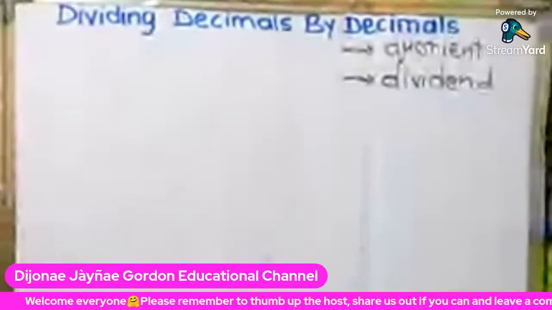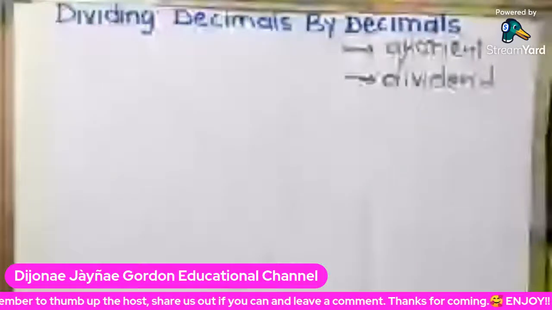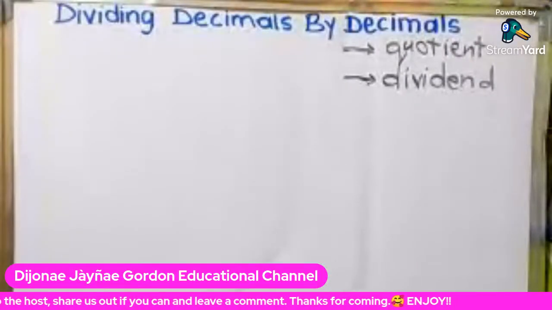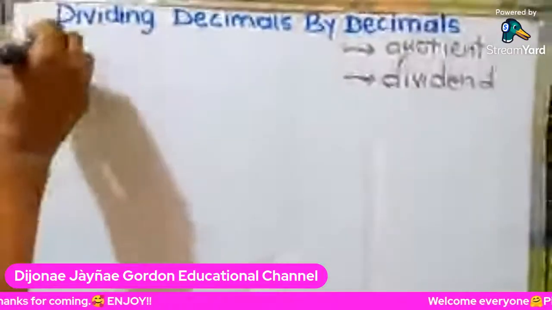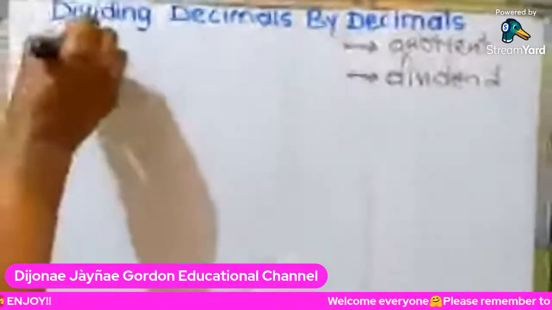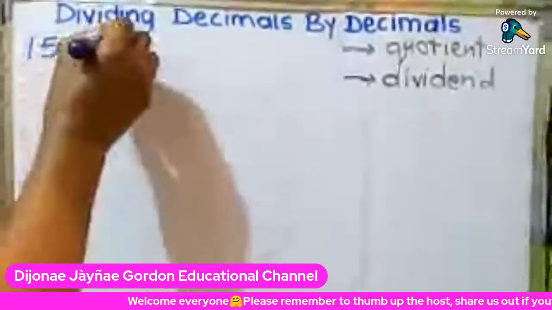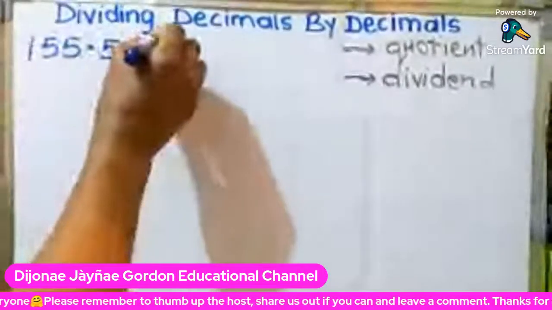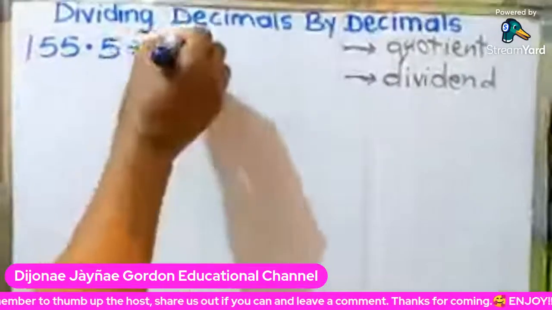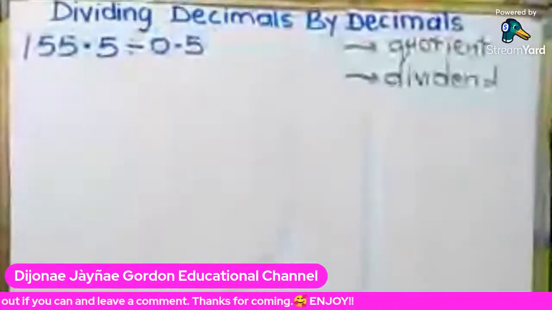All right, so this is the problem that we have working with, and of course, $155.5 divided by 0.5. That's what we have working with.